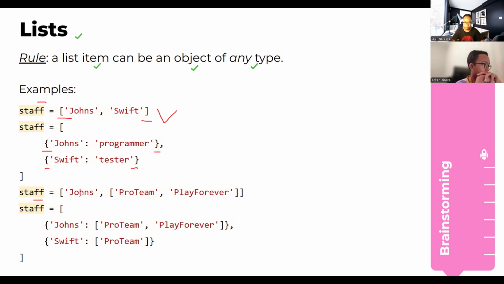If you see here, this is a list, right? And one of the items inside the list is another list. So you can do that also. Inside a list, there is another list. And this is the complex one. This is still a list, right? And inside the list, there is an item filled with a dictionary, right?